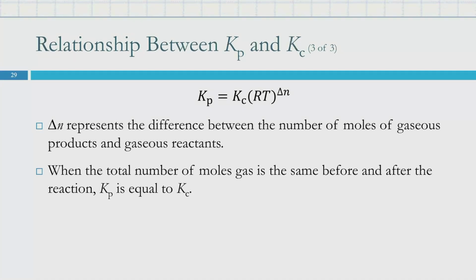So this is probably the more important bit to know. The relationship between the partial pressure form and the concentration form is RT raised to the difference in the number of moles of reactants versus products.